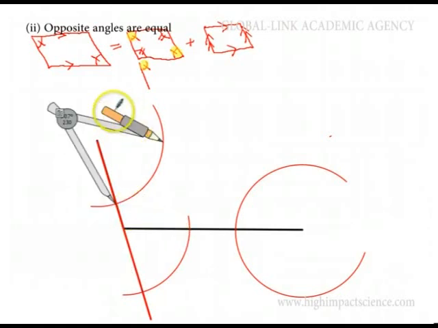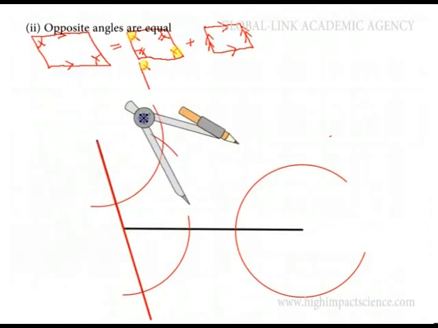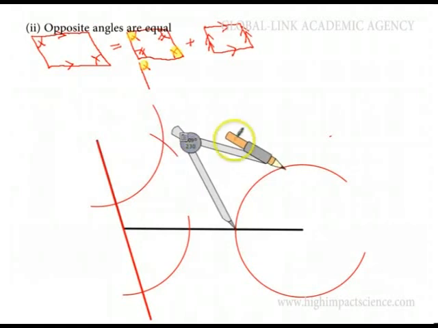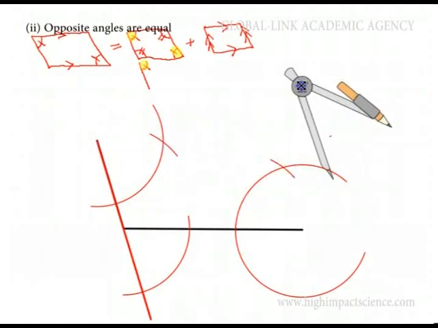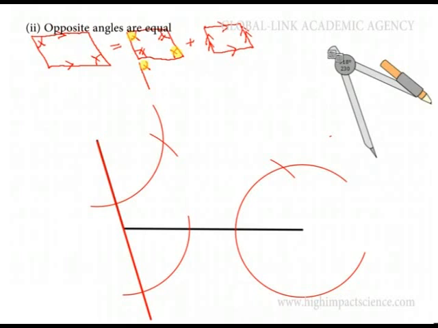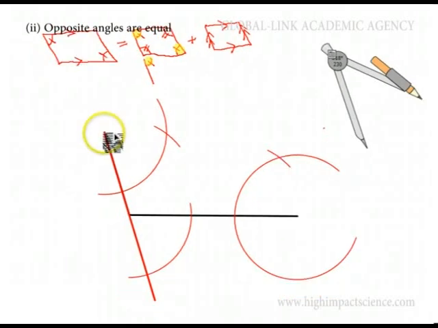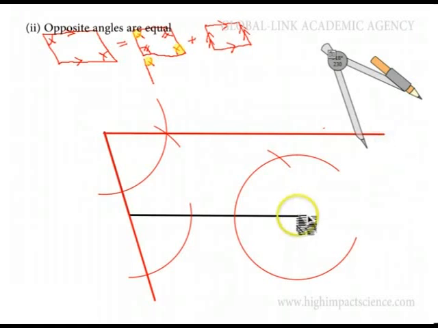Copy that length here, and again here. So draw that upper line through here, and the right one through this intersection. There is the figure.